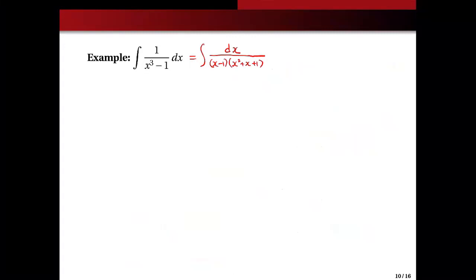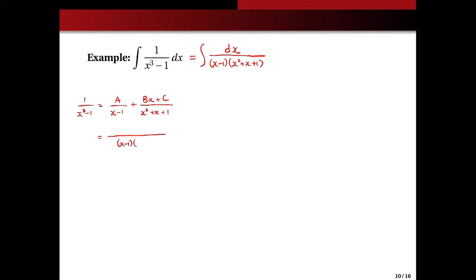Therefore, your 1 over x cubed minus 1 will be equal to a over x minus 1 plus bx plus c over x squared plus x plus 1. And then we combine them again into a single expression.